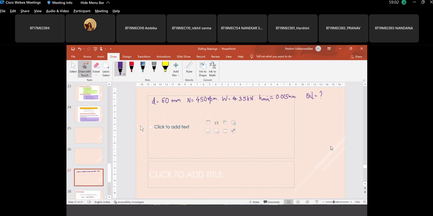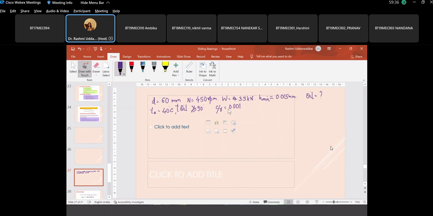If the ambient temperature is 40 degrees and the oil temperature should not exceed 90 degrees. Assume the clearance ratio as 0.001, C by R is 0.001.